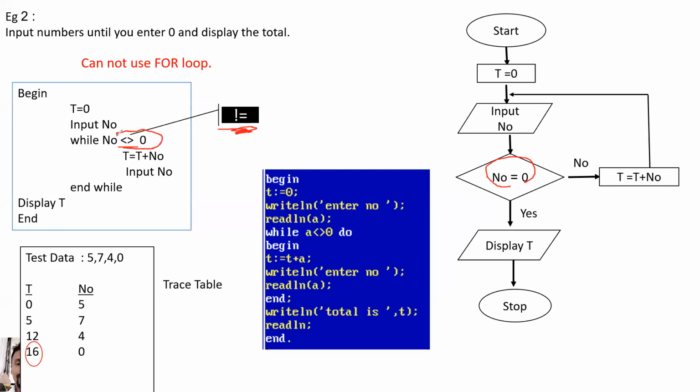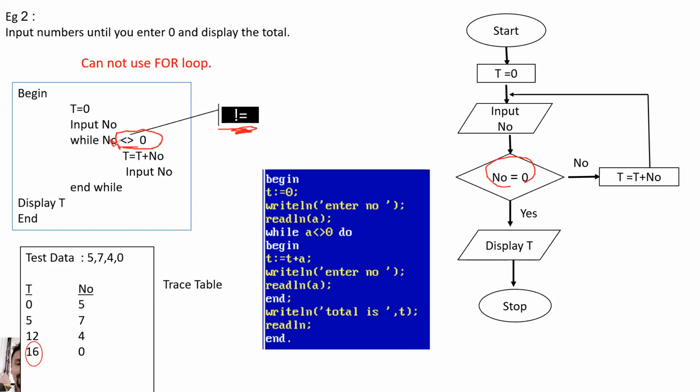What is the reason? Now you already know the reason. A while loop is working when the condition is true. So if the number is not equal 0 only, this program should work. When it is equal to 0, you have to exit from the loop.